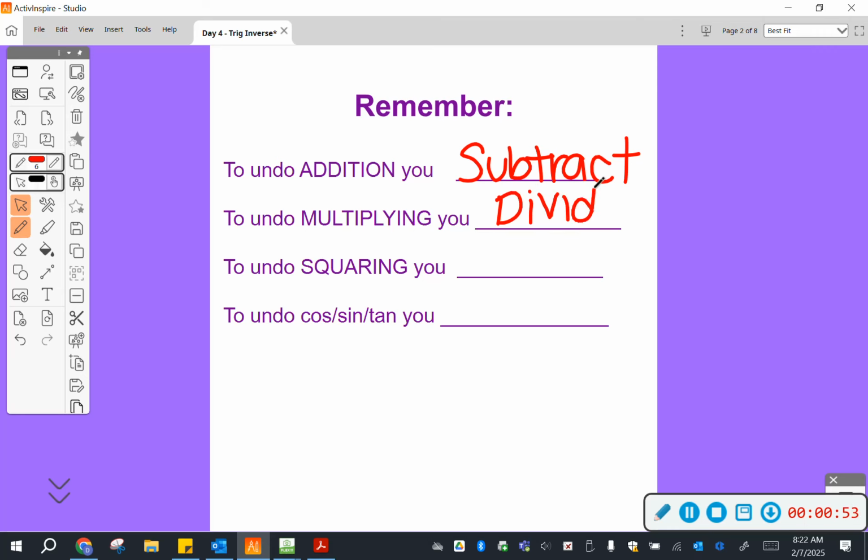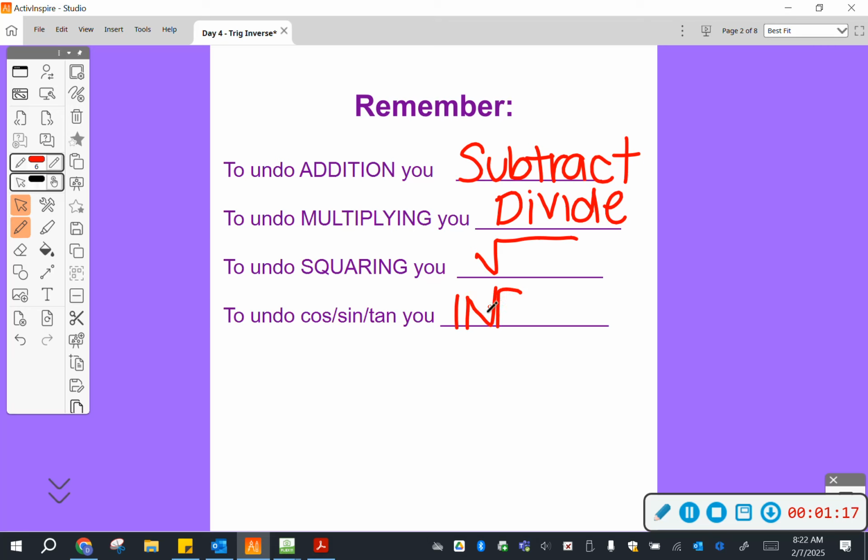Yes. You're not writing this down. Look up. What about to undo squaring? Unsquare it? What's unsquare it? Do y'all agree square root is the opposite, or not the opposite, to get rid of squared? Yeah. What are we going to do today to undo sine, cosine, and tangent?